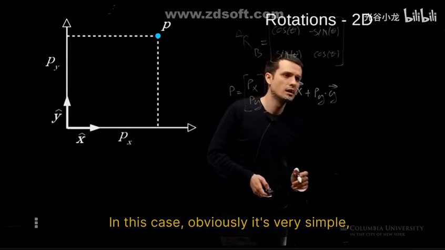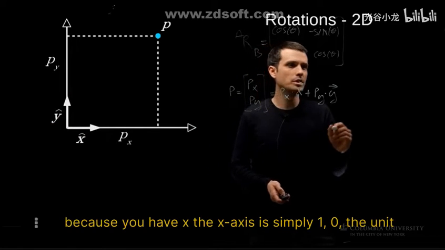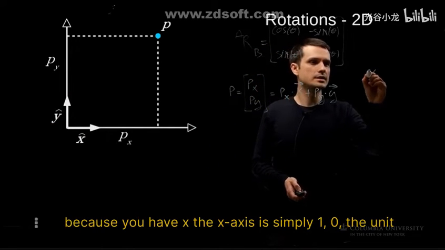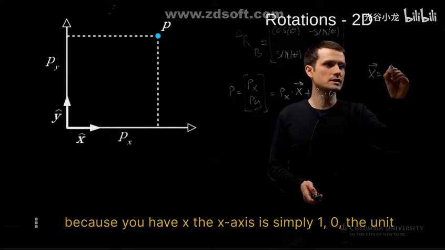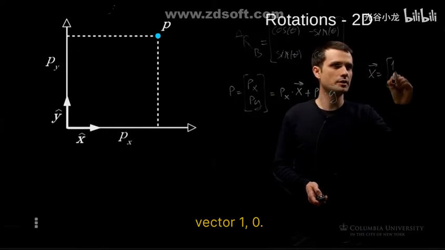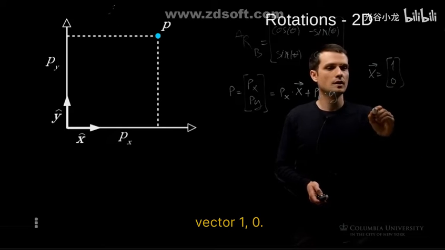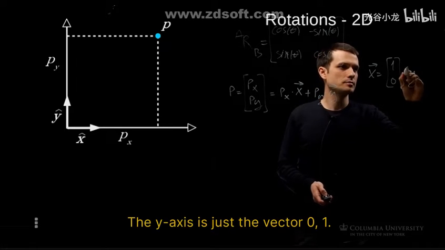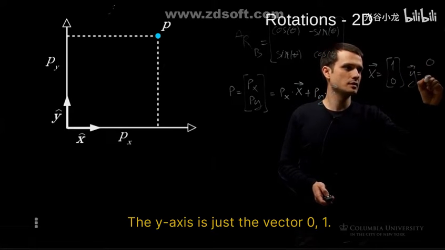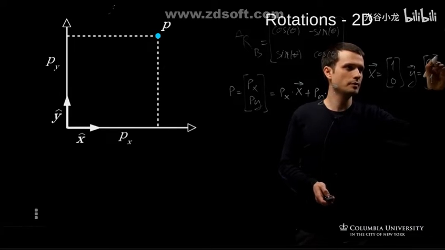In this case, obviously, it's very simple because the x-axis is simply the unit vector 1, 0. The y-axis is just the vector 0, 1.